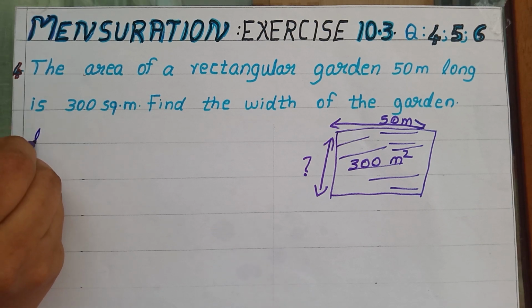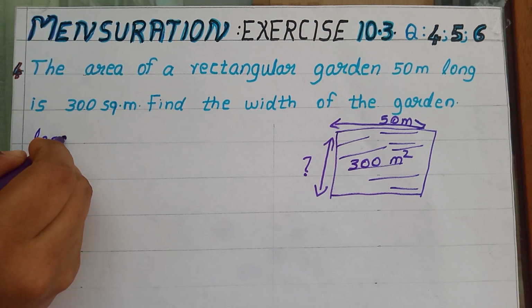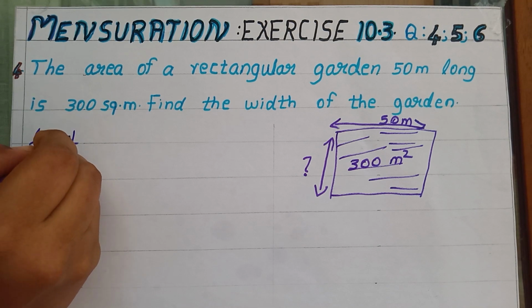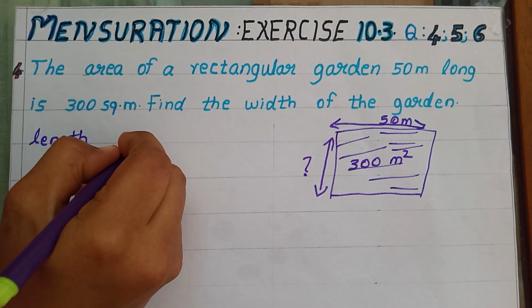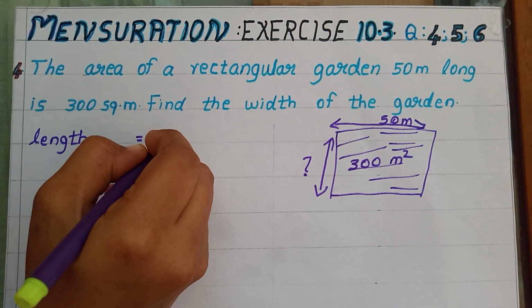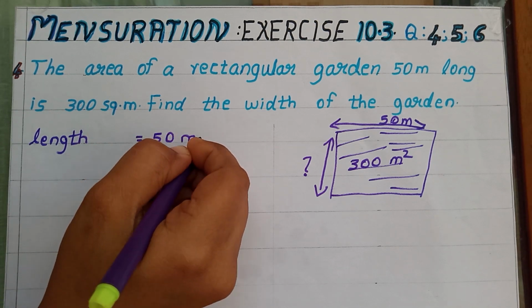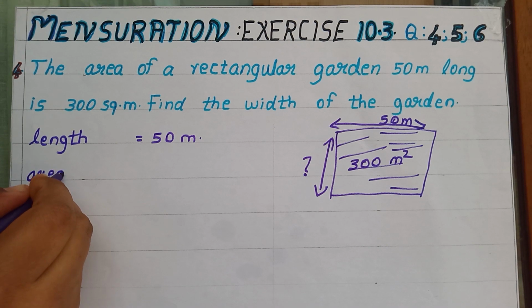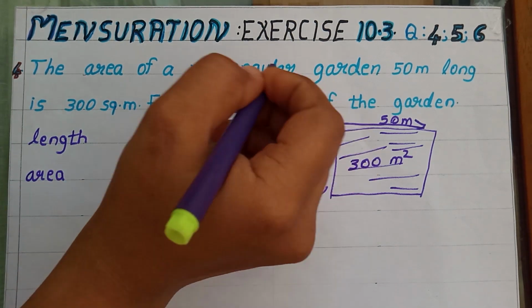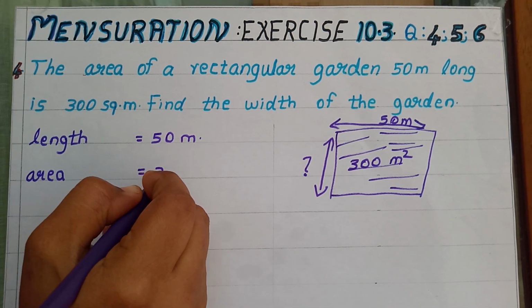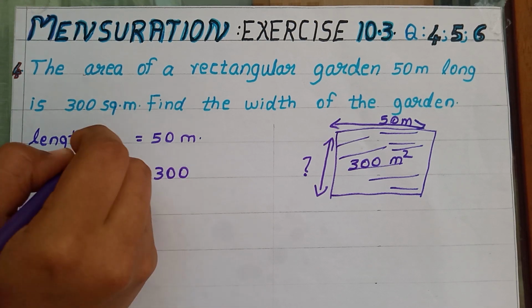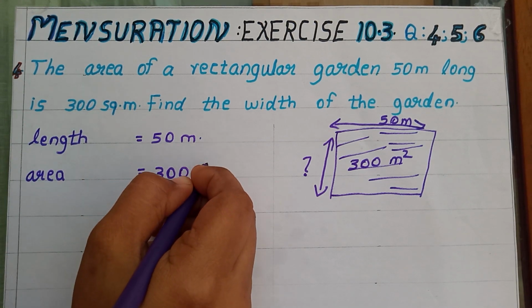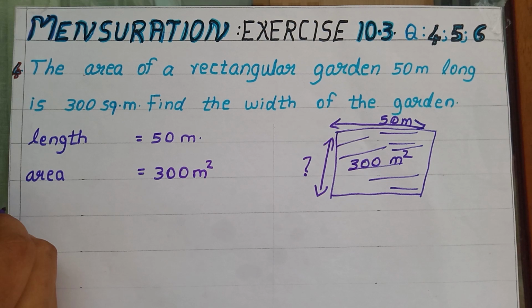Length equal to 50 meter and area equal to 300 square meter or meter square. In both the ways you can write.